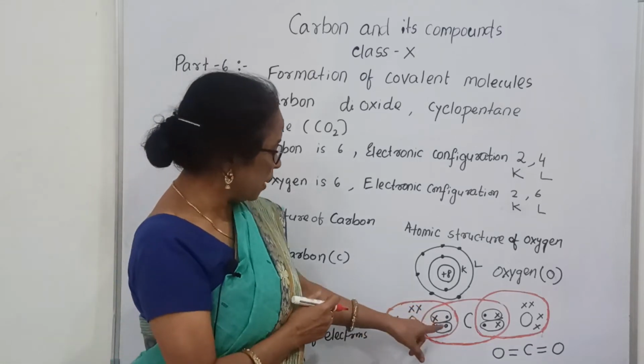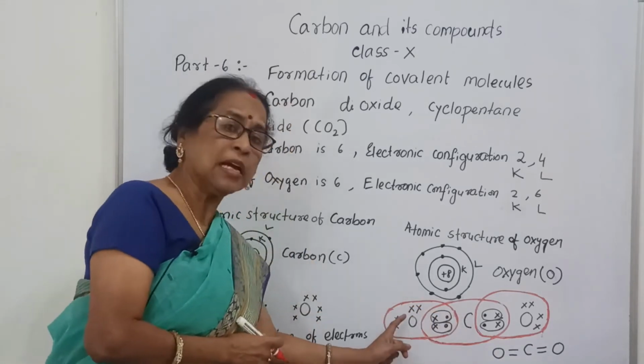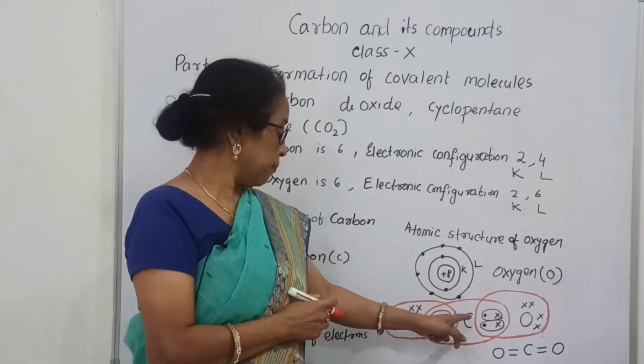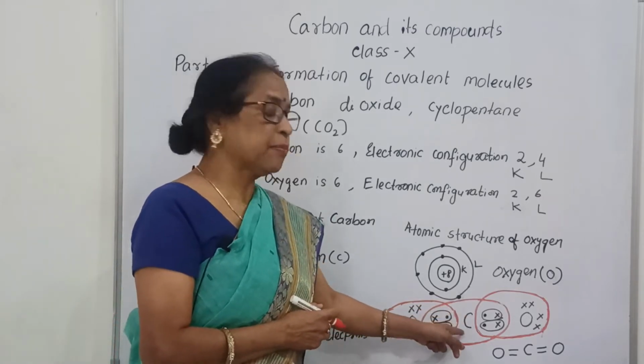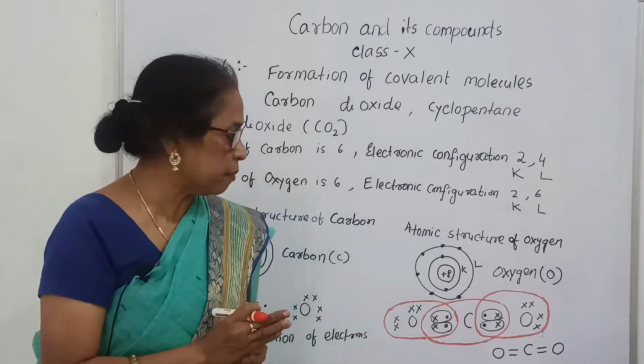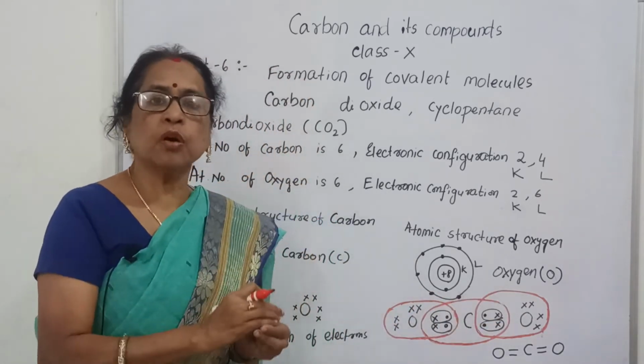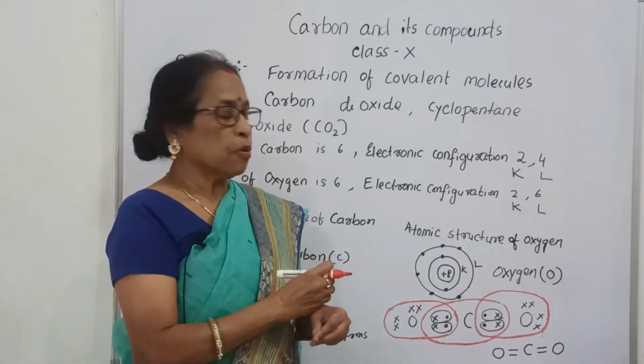Now check how many covalent bonds between the left carbon and left oxygen: there are 2 covalent bonds formed. Similarly, this carbon and the right side oxygen also form 2 covalent bonds.